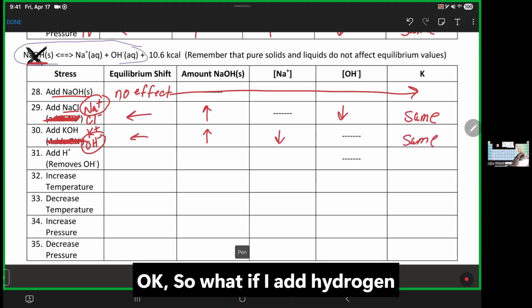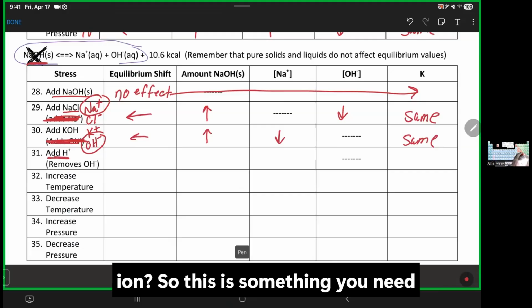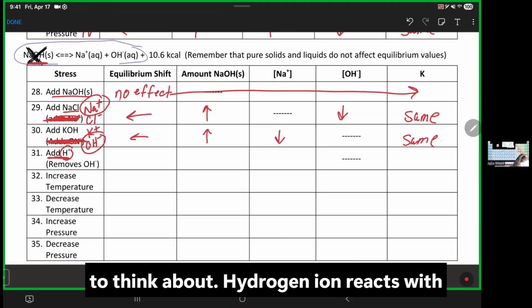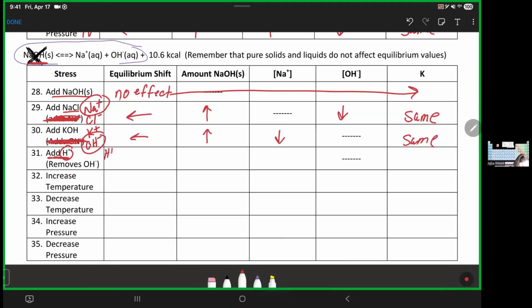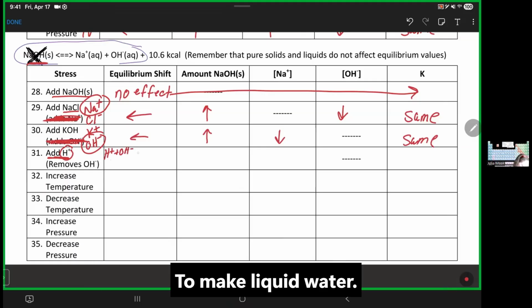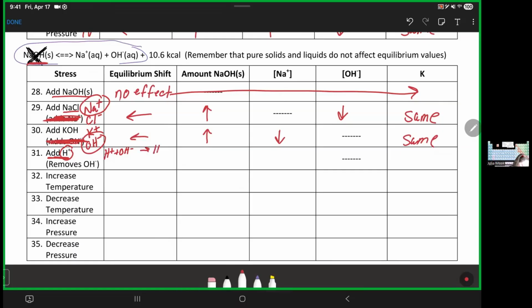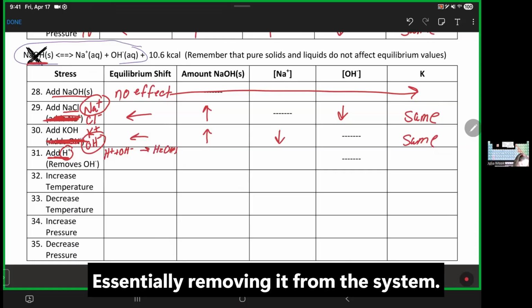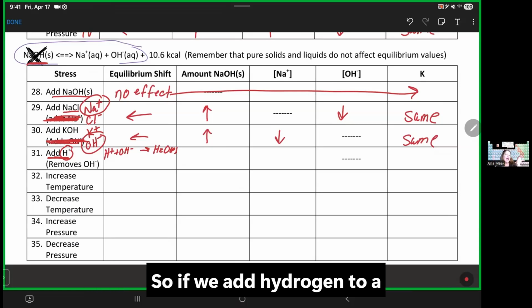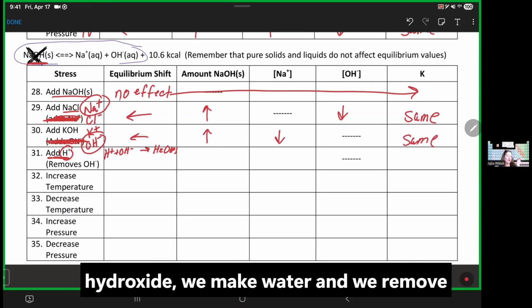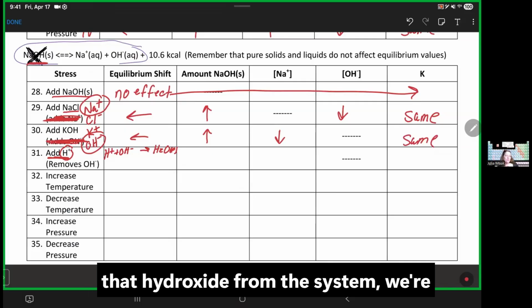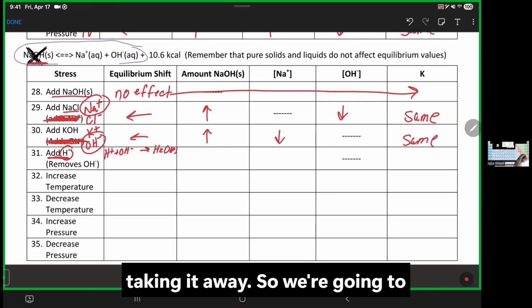Okay, so what if I add hydrogen ion? So this is something you need to think about. Hydrogen ion reacts with hydroxide ion to make liquid water, essentially removing it from the system. So if we add hydrogen to a hydroxide, we make water and we remove that hydroxide from the system.